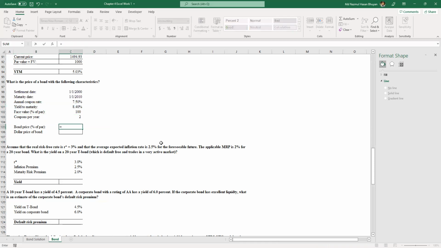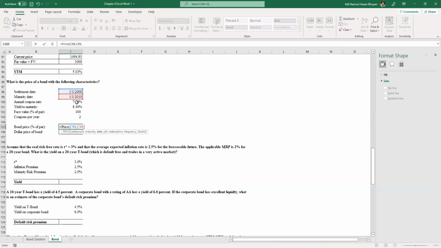So equal price formula. Now we have our settlement date, we have our maturity date, we know our coupon rate. So by rate we mean coupon rate. And then here, even if the bond pays coupon semi-annually, you don't need to convert this annual coupon rate into a semi-annual coupon rate.